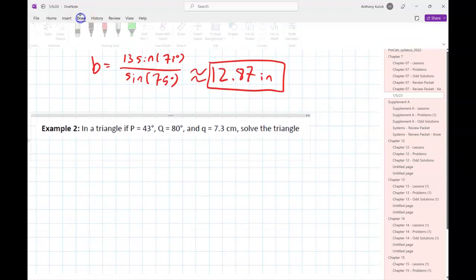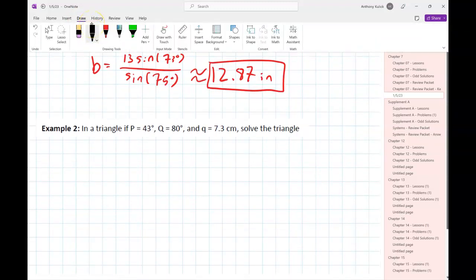Okay. So in a triangle, if P is 43 degrees, angle Q is 80 degrees, and side Q is 7.3 centimeters, solve the triangle.